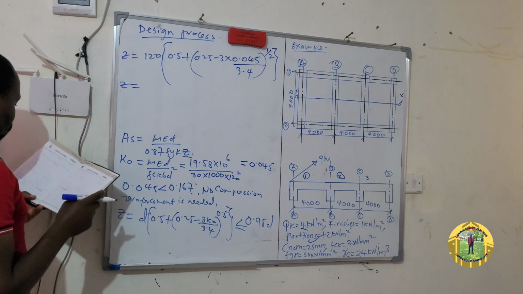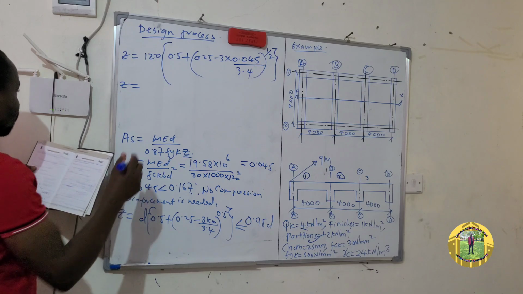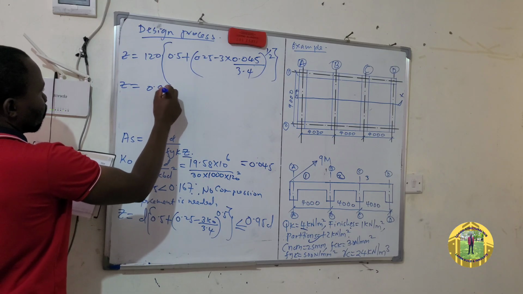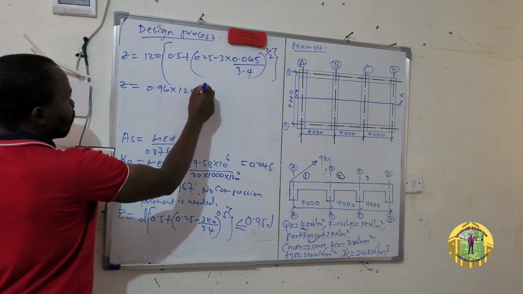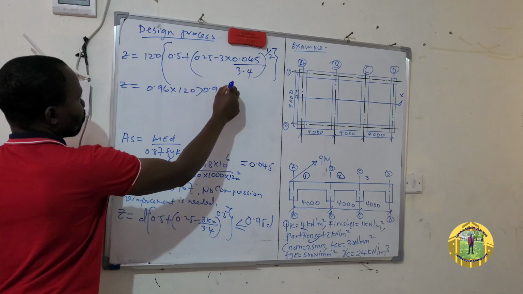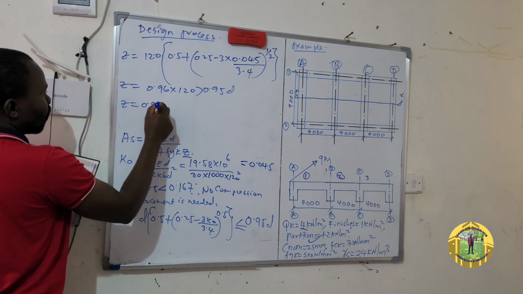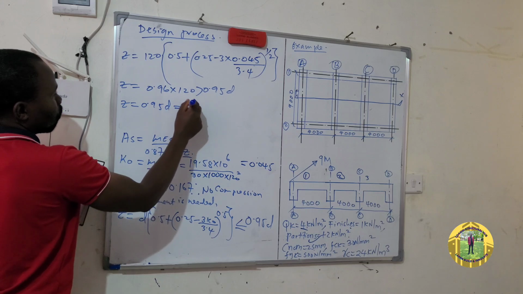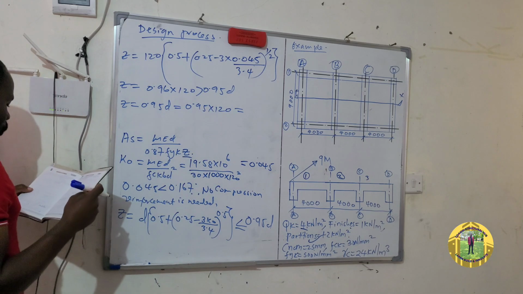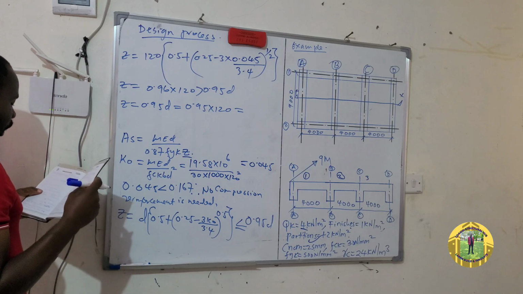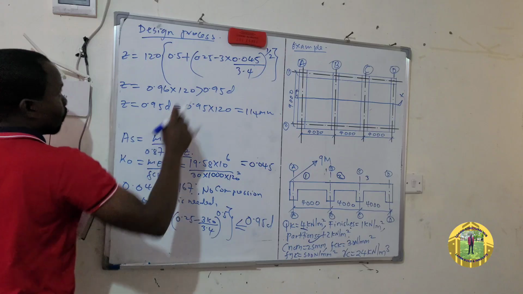If you punch your calculator, you will get 0.96 times 120. So this one is greater than 0.95D, and therefore our Z will be 0.95D, which is equal to 0.95 times 120, which is equal to 114 millimeters.